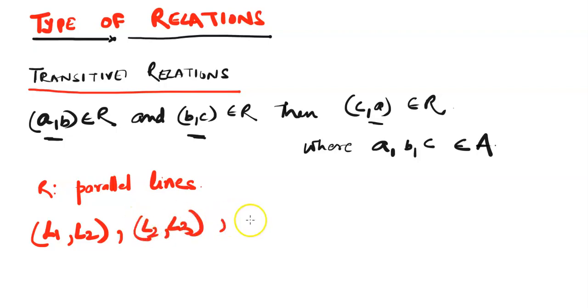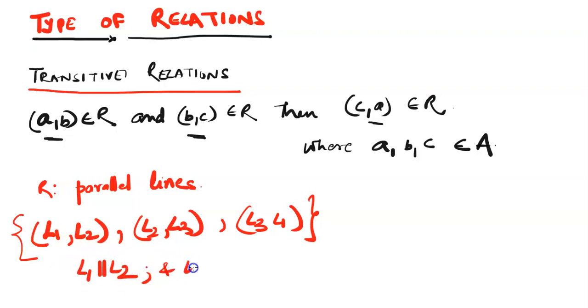Then we know that L1 and L3 will be parallel. So if L1 is parallel to L2 and L2 is parallel to L3, then L1 would be parallel to L3. This is what we call a transitive relationship.